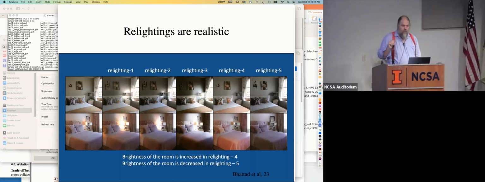In the bottom row, you can see in the fourth column, when the room is lit from the side, the window gets brighter and the shadows get darker, suggesting a different position of the sun. In the second column in the bottom row, you can see one of the lamps lighting up. So this thing has strong and sensible opinions about where light comes from, which is not an obvious fact.